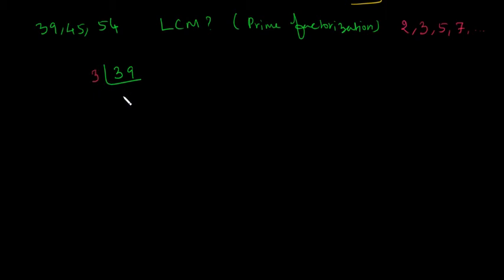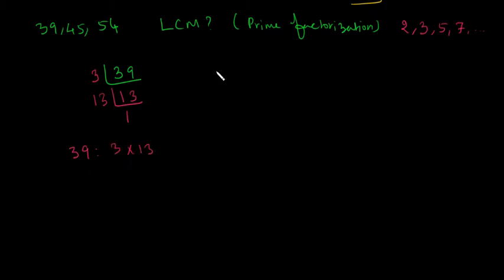Yes. 13 3s are 39. Again, can we divide by 3? No. You cannot divide with any other prime number except 13, because 13 is a prime number. So 39 can be written as 3 into 13, isn't it?